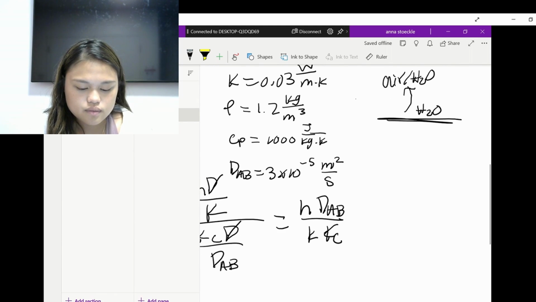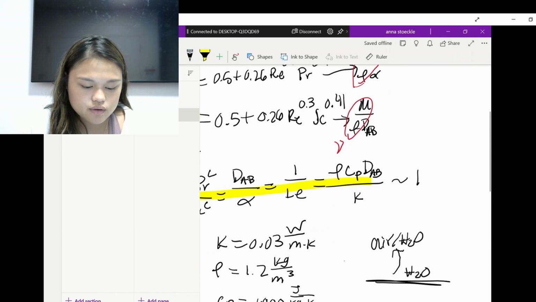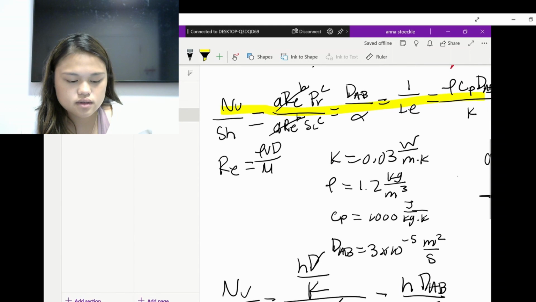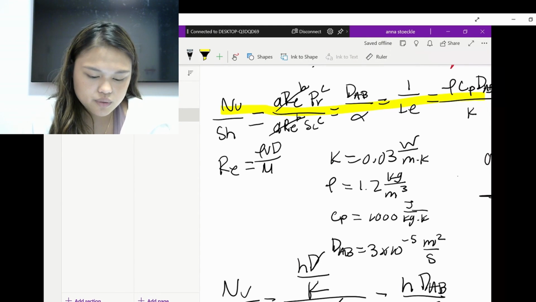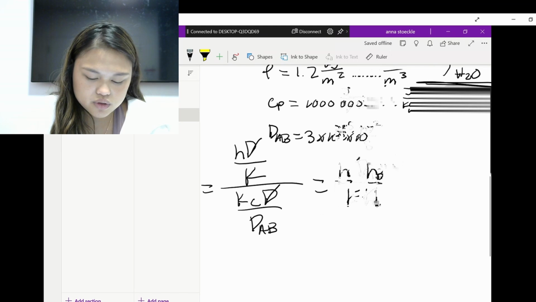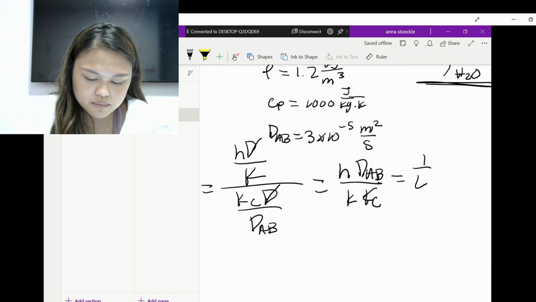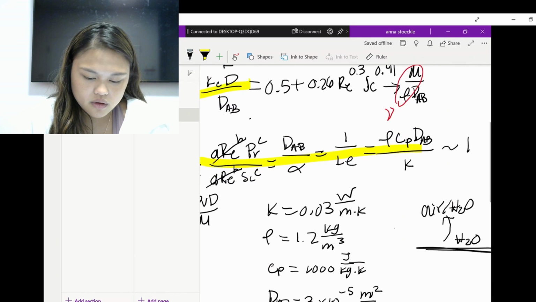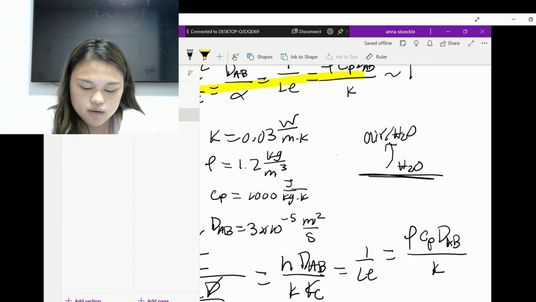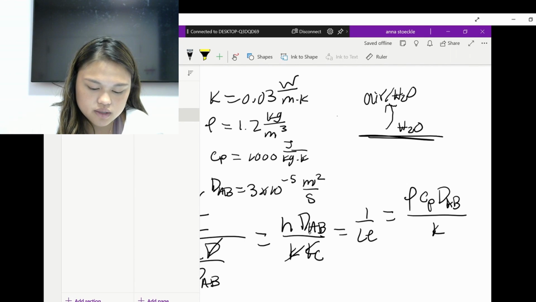And then I also want to include what we have found from here. Since the Nusselt number over the Sherwood number we found equals 1 over the Lewis number, that means this expression must also equal 1 over the Lewis number. And then we can also add this part here, where it's density, heat capacity, diffusion coefficient, all over the thermal conductivity. And we can see this relationship here, and we can cancel these out with one another.